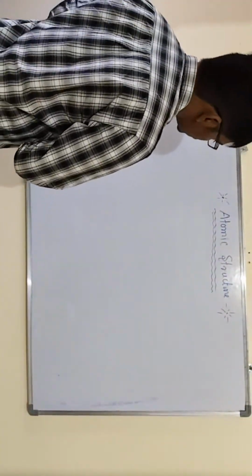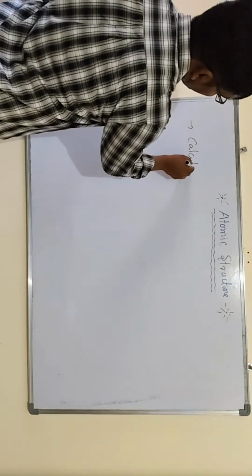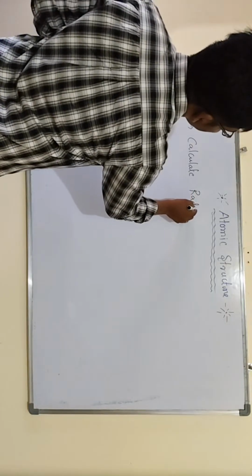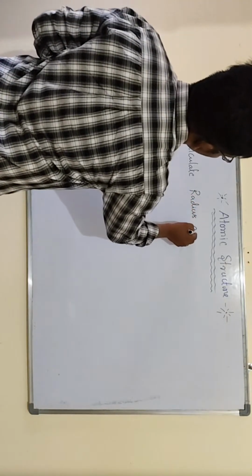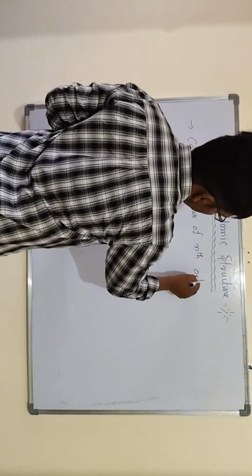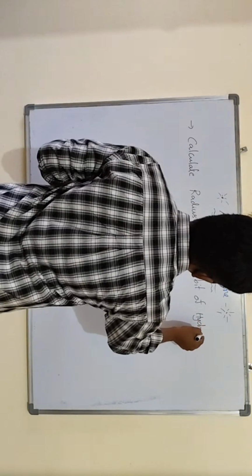So for such a question, calculate the radius of the nth orbit of hydrogen like species.